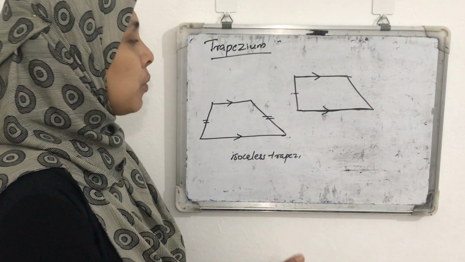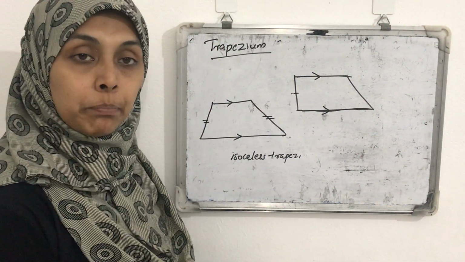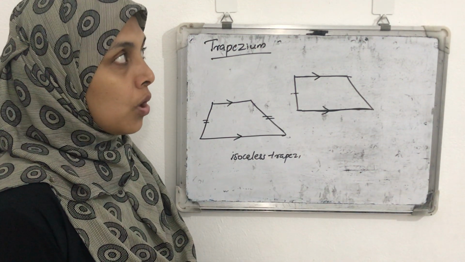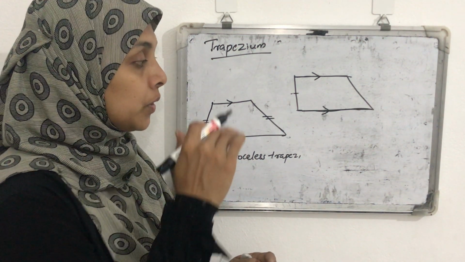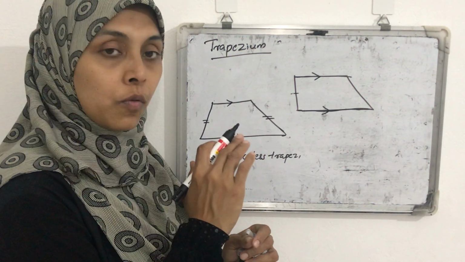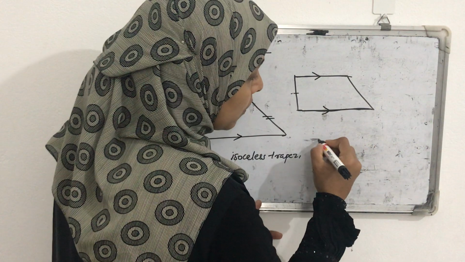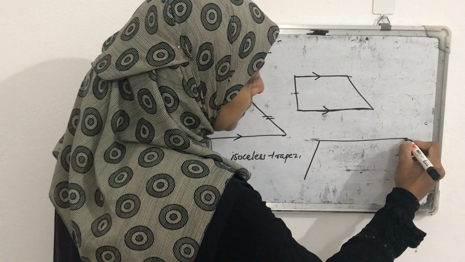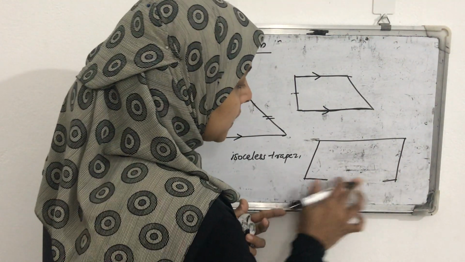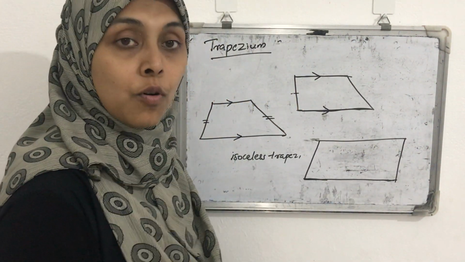Next, another important quadrilateral is the parallelogram. So what is the difference between trapezium and parallelogram? If a quadrilateral has two pairs of parallel lines, we can include it in the set of parallelograms. Take any quadrilateral. I draw one quadrilateral like this. We know the definition of a quadrilateral: a closed figure, a polygon made up of 4 line segments.